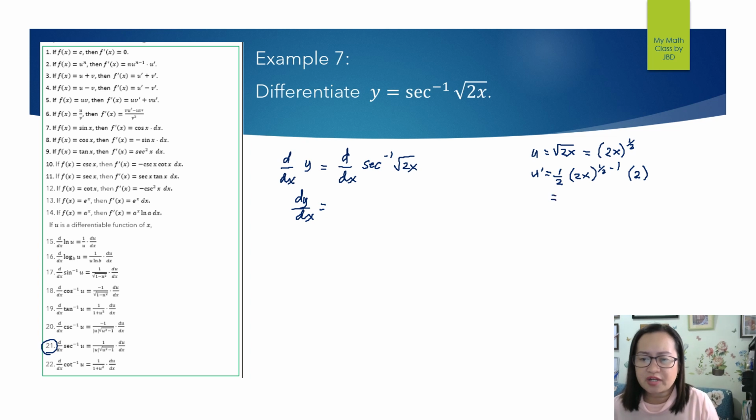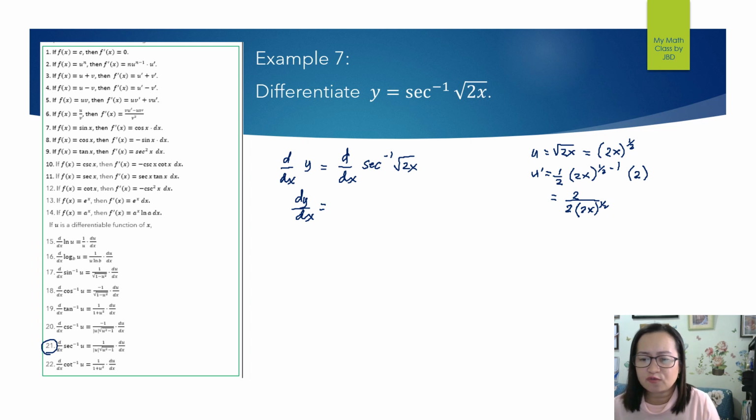So simplifying this further, we will have 2 over 2 times 2x raised to 1/2.